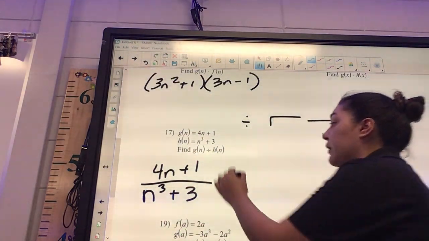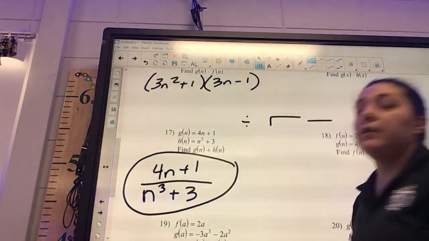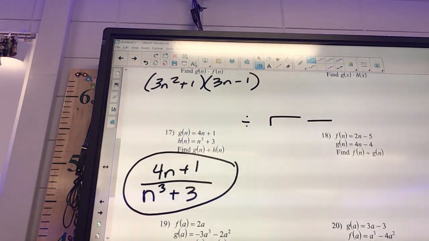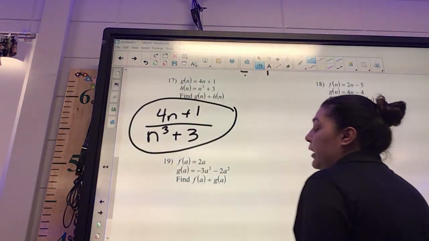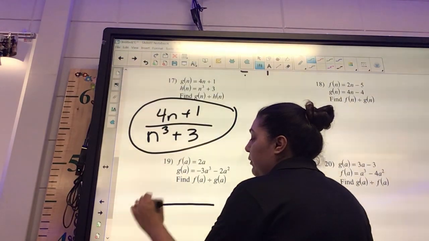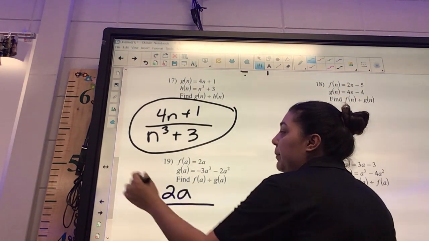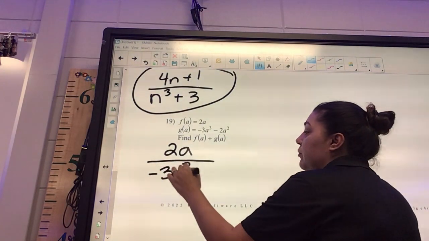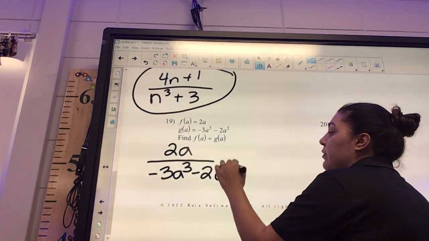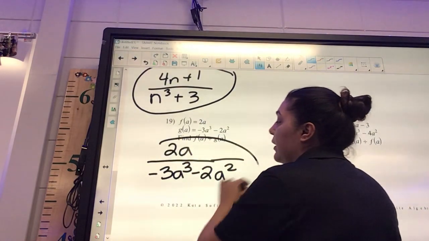And this one is done, okay? That means divide. Okay, and then last one, we got f, which is 2a, goes on the top, and g goes on the bottom, which is negative 3a cubed minus 2a squared. Okay, and so this one is done.